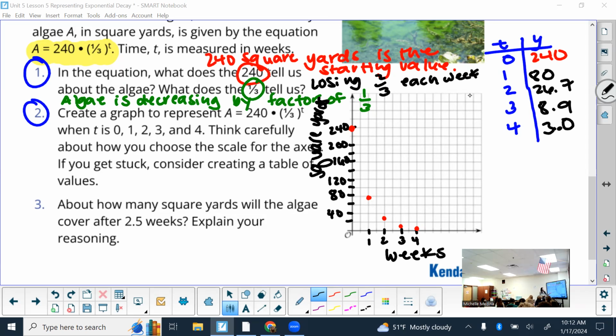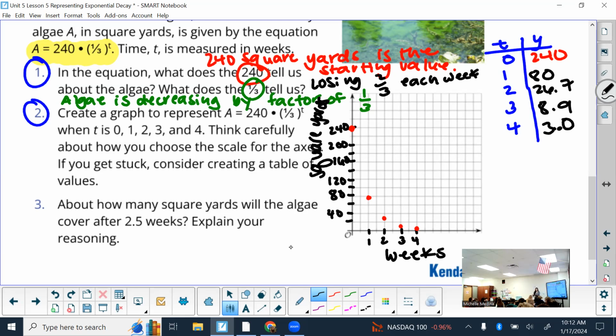And then for my Y's, I counted by 20s for each tick mark, but I only labeled every other one. That doesn't look good, but it makes sense, they count by the same intervals. So we're good. You should have points that match basically your table of values.